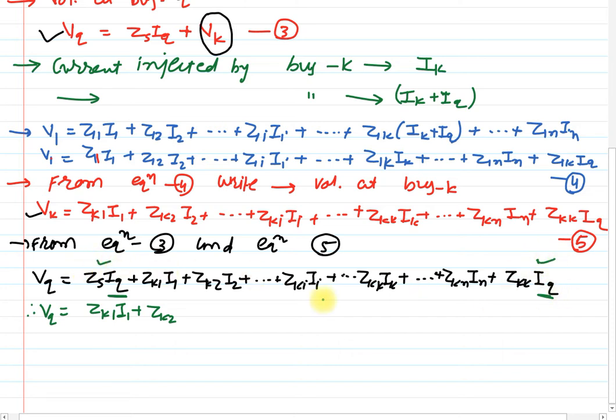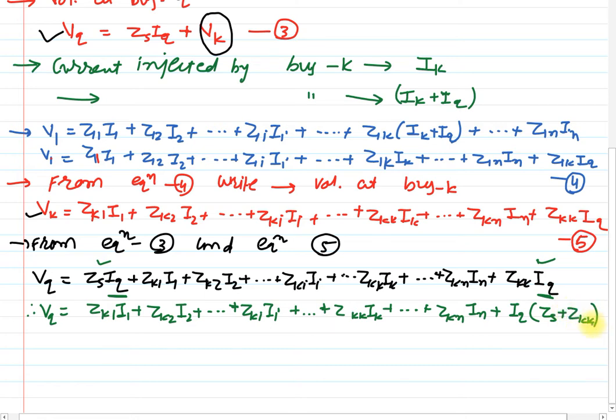So I will write Zk1 I1, Zk2 I2 plus Zki Ii plus Zkk Ik, Zkn In. Now I will write Iq into bracket Zs plus Zkk. This is your equation number 6. I hope you have cleared up to the equation number 6.